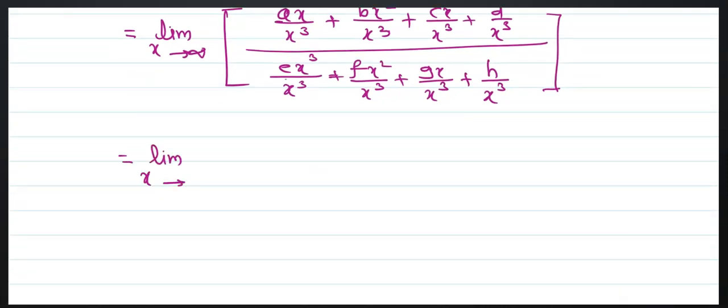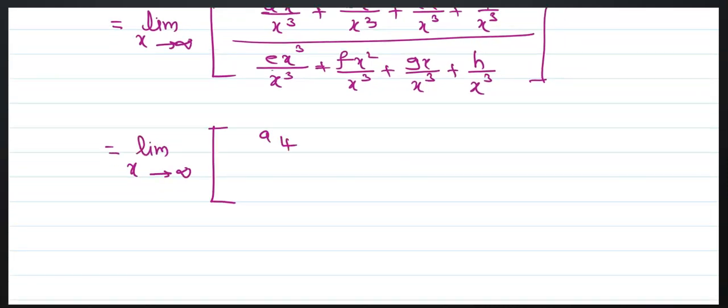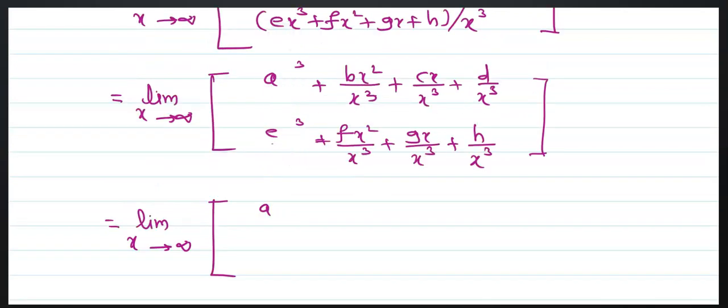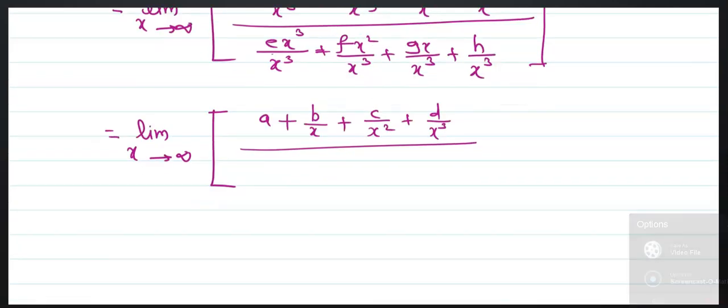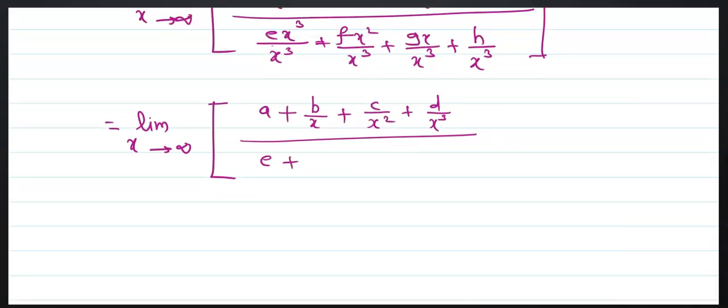That is equal to the limit of a plus b upon x plus c upon x square plus d upon x cube, over e plus f upon x plus g upon x square plus h upon x cube.